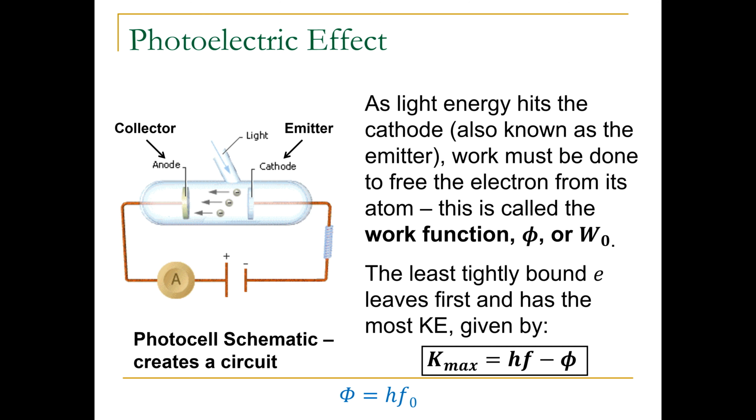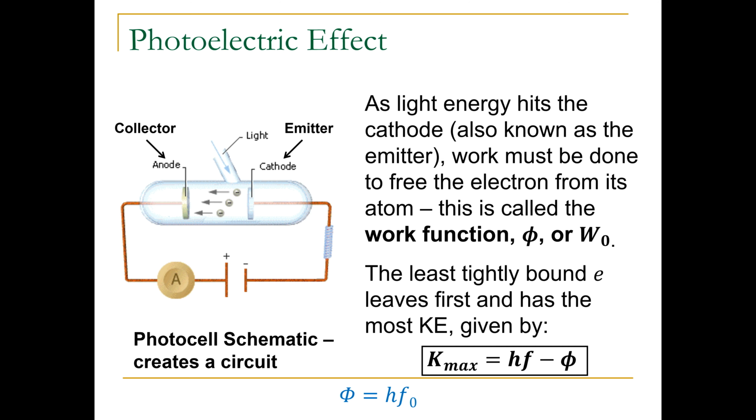That minimum frequency corresponds to a minimum energy needed to emit electrons, which is known as the work function. This is either written as phi or W naught, and this leads us to the photoelectric effect equation that is on our equation sheet.